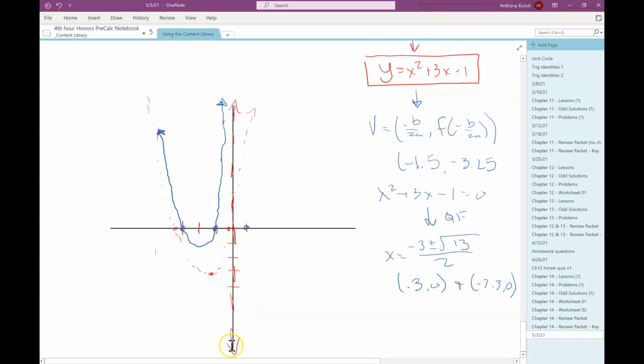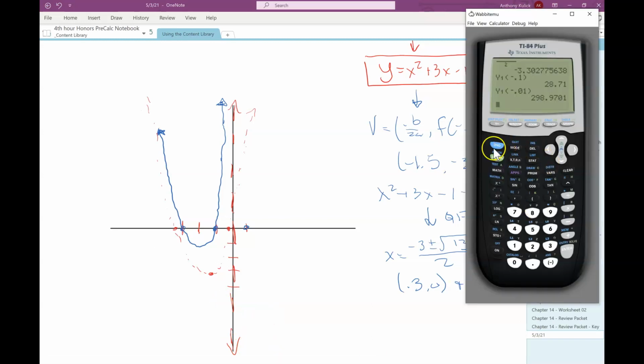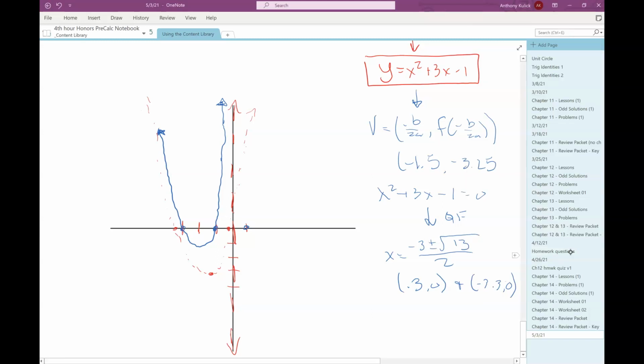Then we need to figure out what it's doing on the right side of 0. So we'll start with positive 0.1. That's -30. And just to make sure, let's do 0.01 also. Even more negative, I'm pretty convinced.